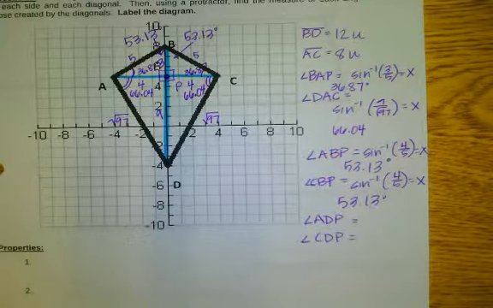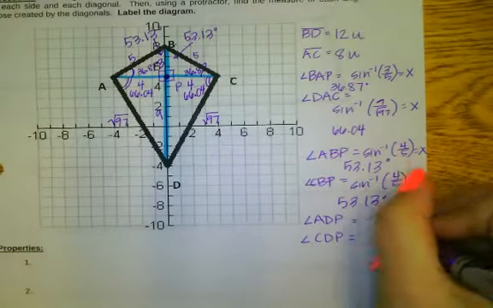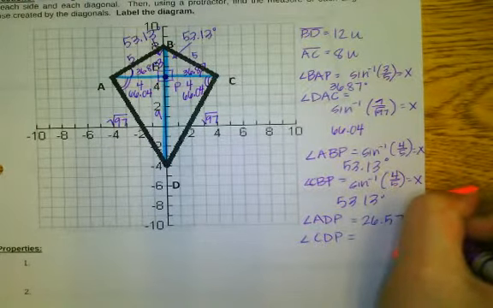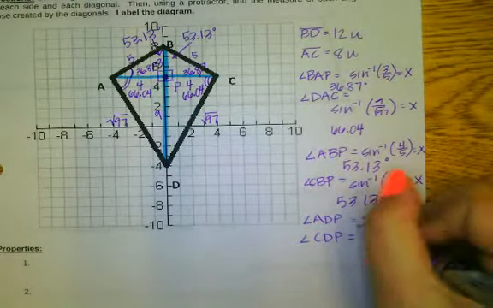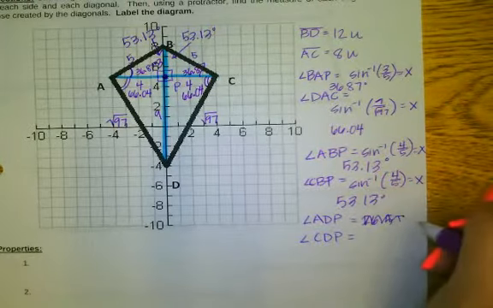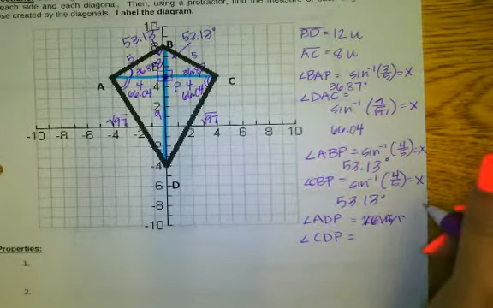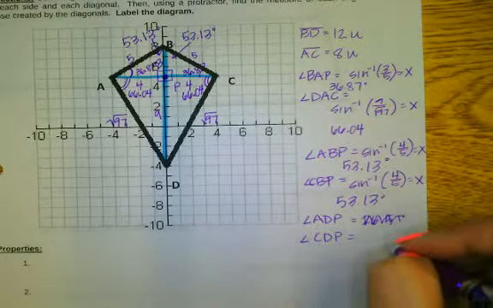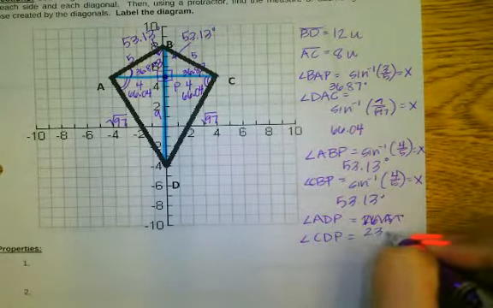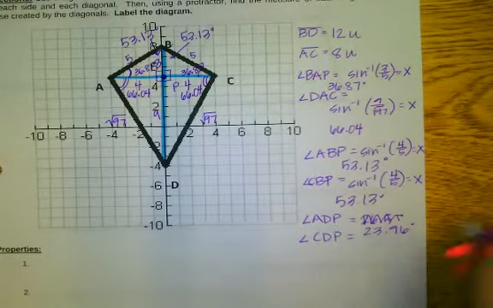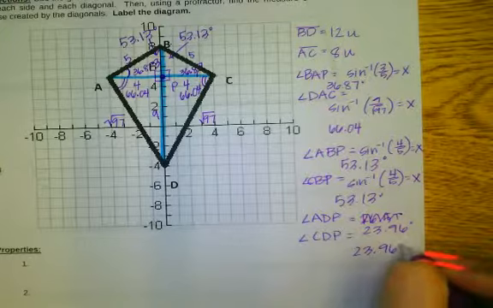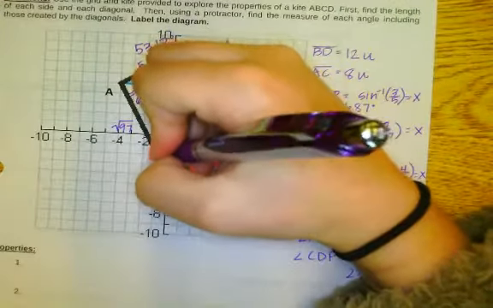What is ADP? 26.57, do we agree? I got 23.96. What do we get? 23.96. Okay. And what about CDP? 23.96.